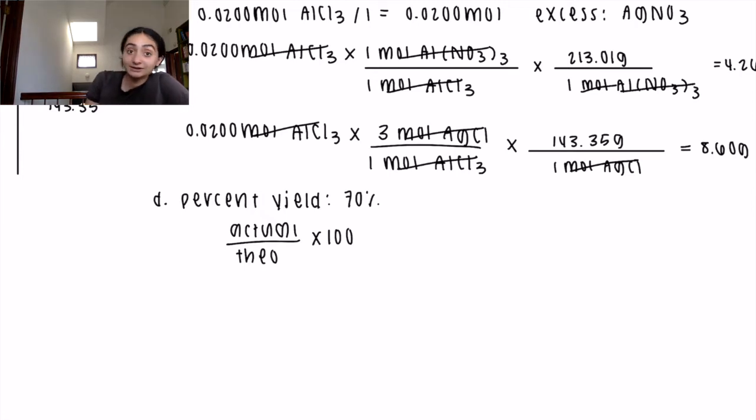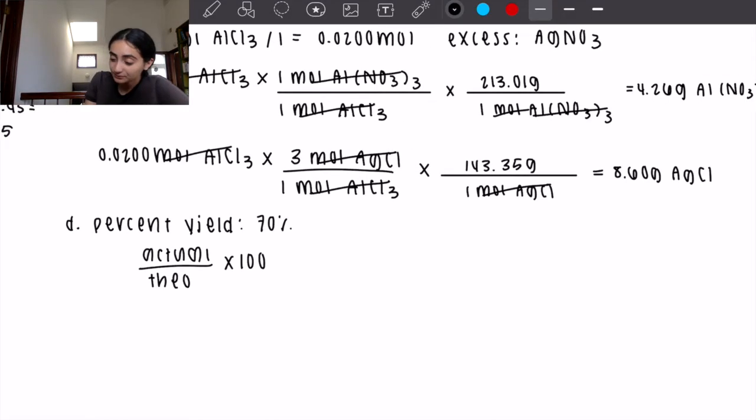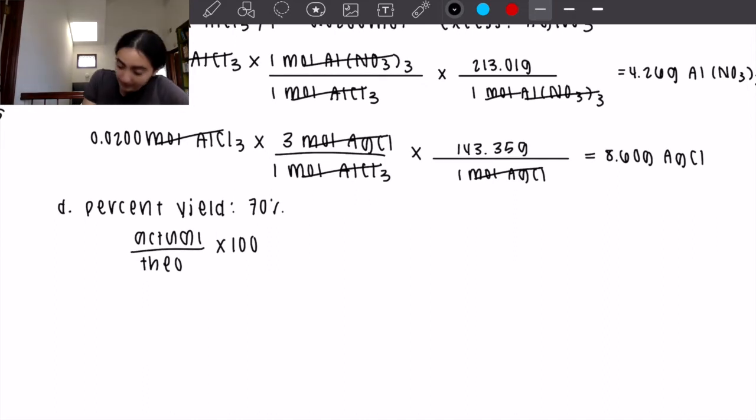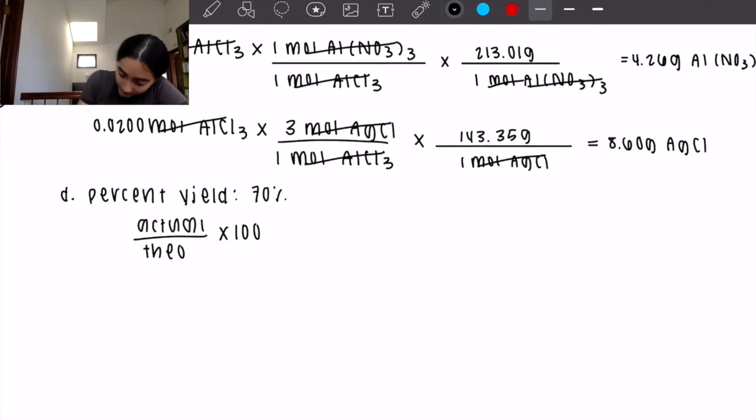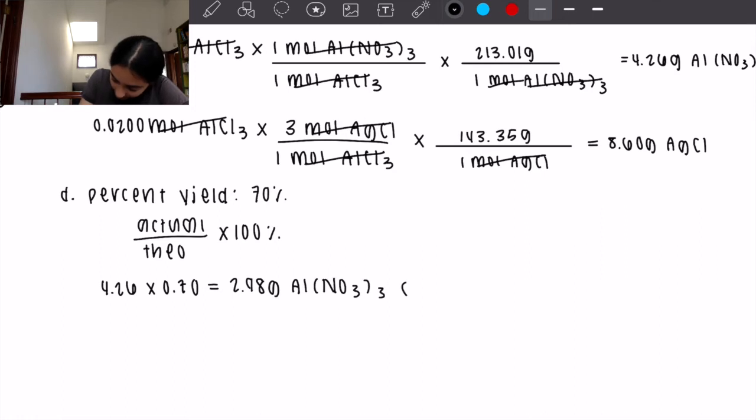So to get the actual mass of the products, we are going to multiply the mass by the percent. So we are going to multiply 4.26 times 0.70, because remember, we divide the percentage by 100 to get the decimal form, and I'm also going to be using my unrounded version in my calculator. So 2.98 grams of AlNO3 are going to be actually obtained.